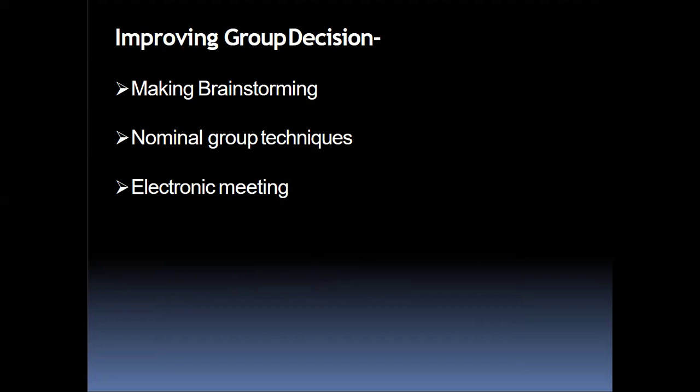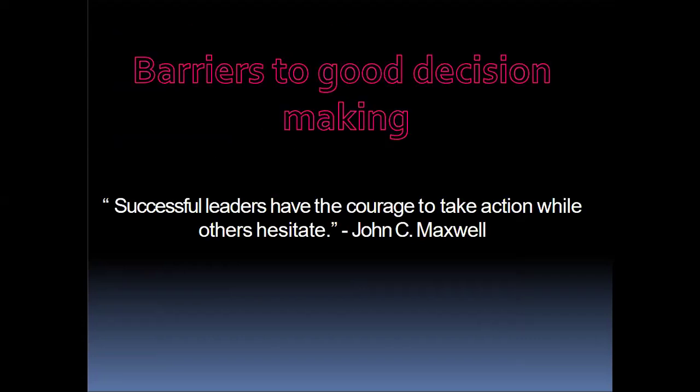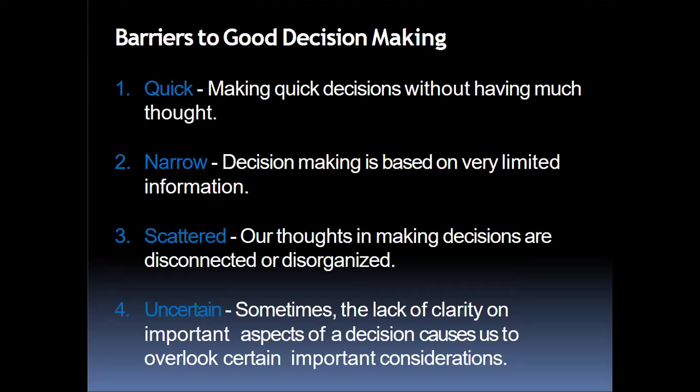How to improve decision making? Through brainstorming, various nominal group techniques, and through online virtual meetings. These are the ways to improve group decision making. What are the various barriers to control for effective decision making?